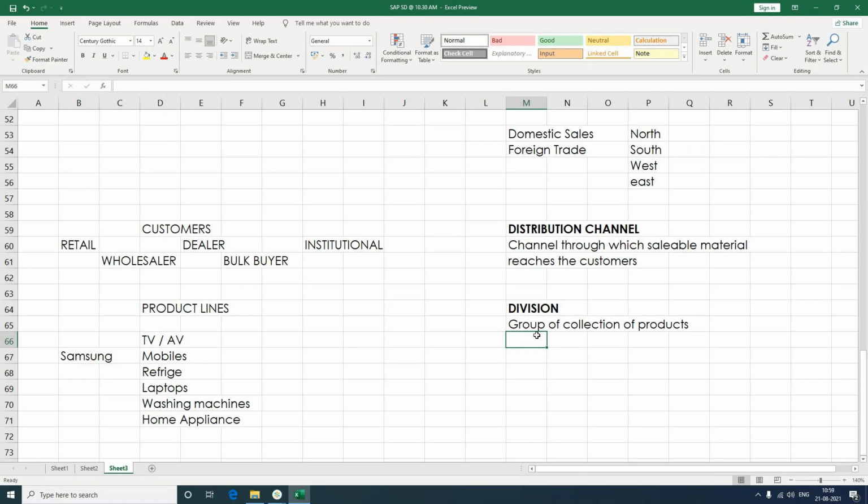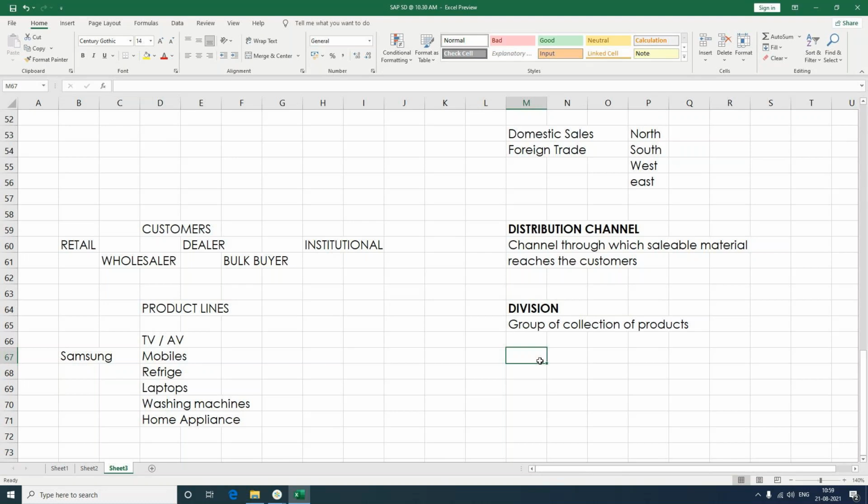Under TVs we have different variants like LED TV, LCD TV, plasma TV, OLED TV, ultra high definition TVs. Under mobiles also, once again, we have different types of mobiles. So here we are going to map them as divisions. What products the company wants to offer to the customer, we call a division, a group of collection of products.